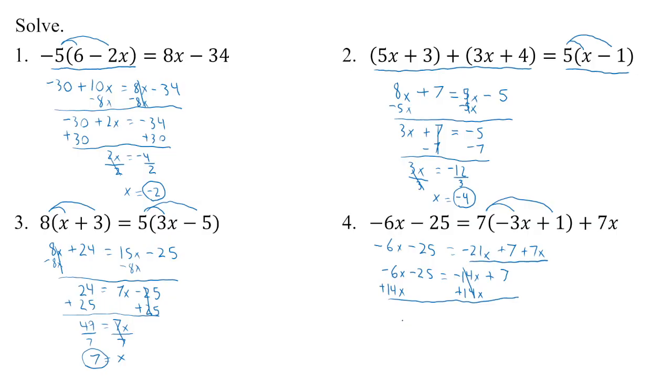Negative 6x plus 14x is 8x minus 25 equal 7. We add 25 to this side and 25 to this side, and you have 8x equal 32.